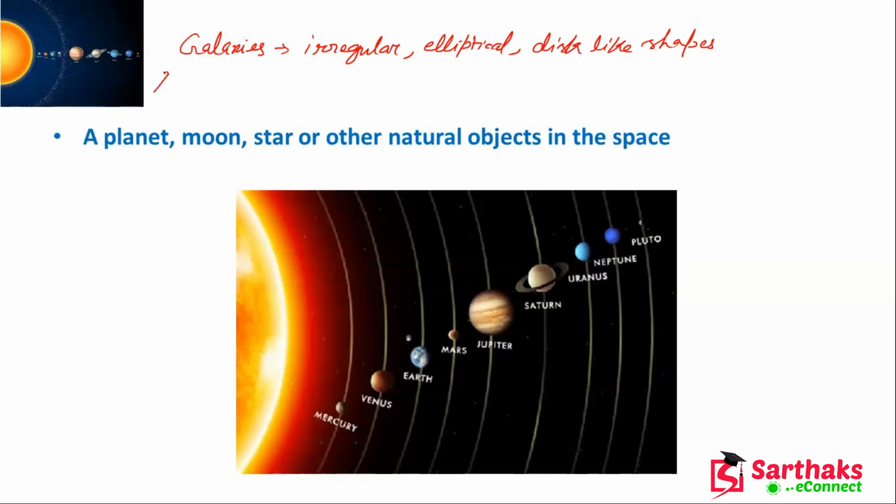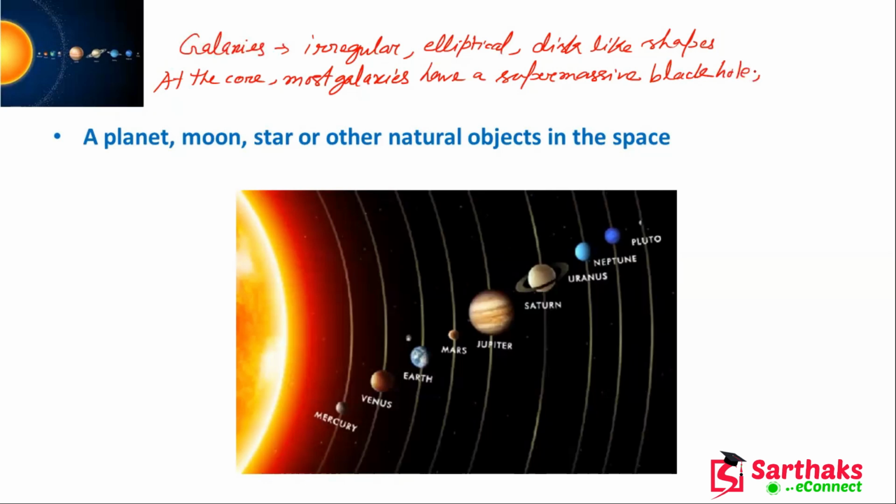So, at the core, most galaxies have a supermassive black hole which may result in an active galactic nucleus.